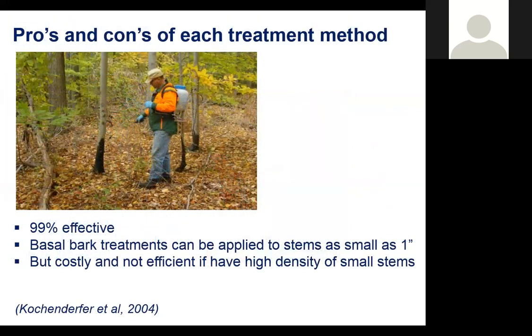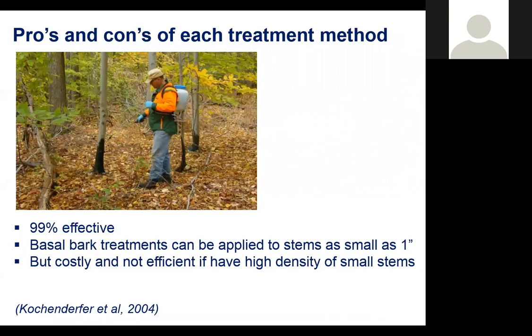And just a couple of comments about each of these treatments. In terms of the basal bark treatment, on the trees that you actually treat, it can be pretty effective. And one thing about basal bark treatments is you can technically go down and apply these to stems as small as 1 inch.